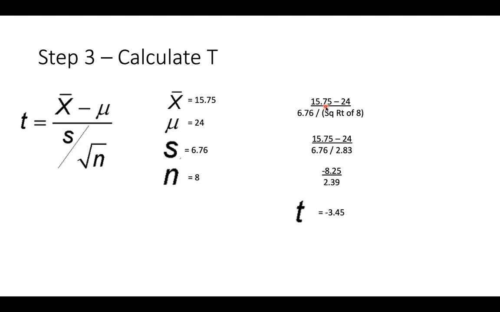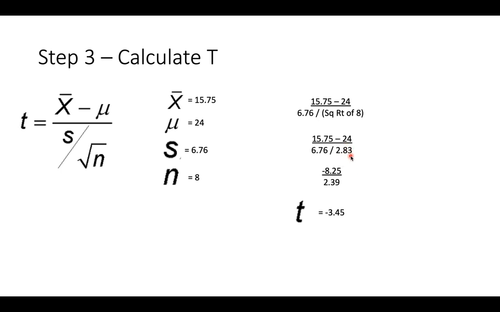So 15.75 minus 24, divided by 6.76 divided by the square root of 8. So we take the square root of 8, that's 2.83. Remember, we're always rounding to 2 decimal points no matter what we do. Every calculation, every step rounds to 2 decimal points.